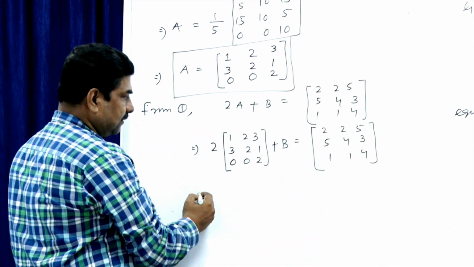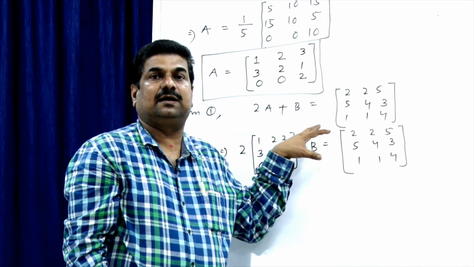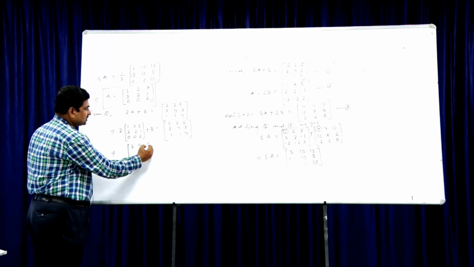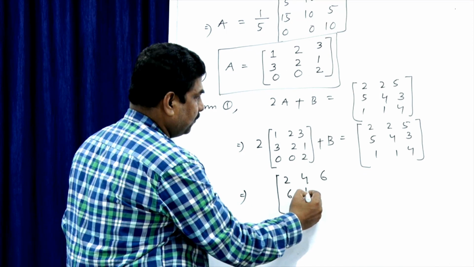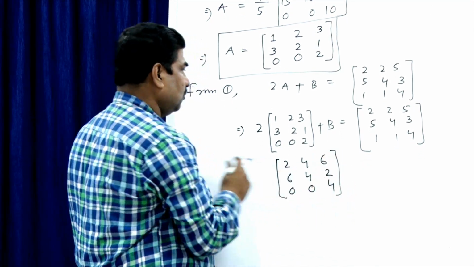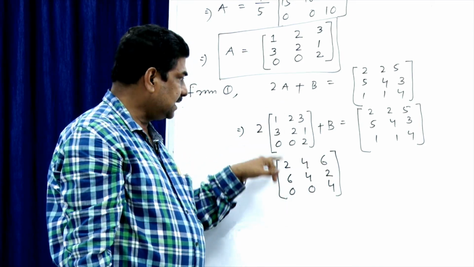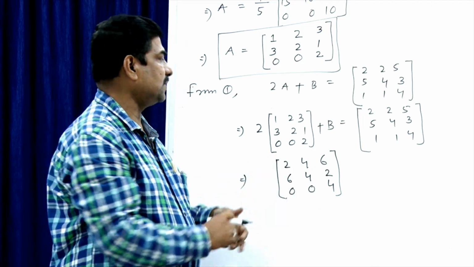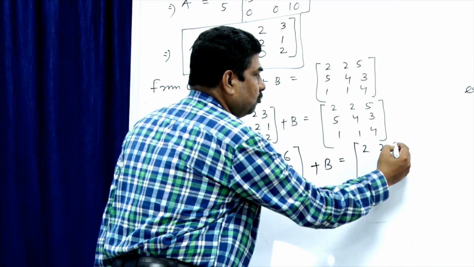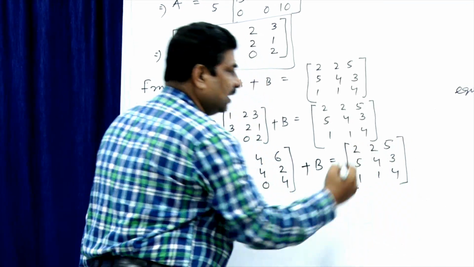Then the 2 is multiplied with each element of the matrix, so it reduces to 2, 4, 6, 6, 4, 2, 0, 0, 4, plus B equal to 2, 2, 5, 5, 4, 3, 1, 1, 4.